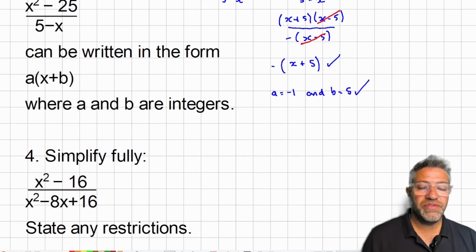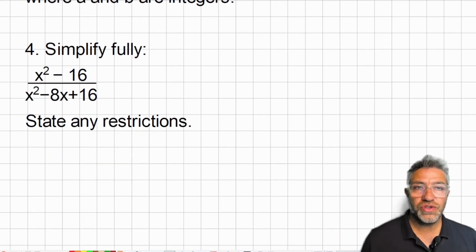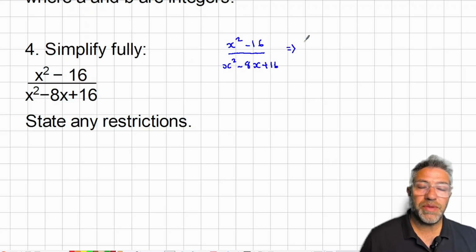So now let's move on to the final question in this short session on simplifying algebraic fractions. Once again, we have a quadratic in both the numerator and denominator. We have x squared minus 16 all over x squared minus 8x plus 16. So let's factorise both the numerator and the denominator as our starting point.